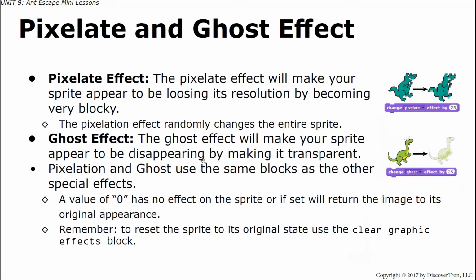Ghost effect. This one is really important because you'll use this quite a bit, and we're going to use this in our next program. It's actually one of the key features to make our next program operate. I like Ghost because it's pretty cut and dry. If you're at 0, the image is fully visible, and if you get to 100 on the value of the ghost effect, then the sprite is fully transparent.